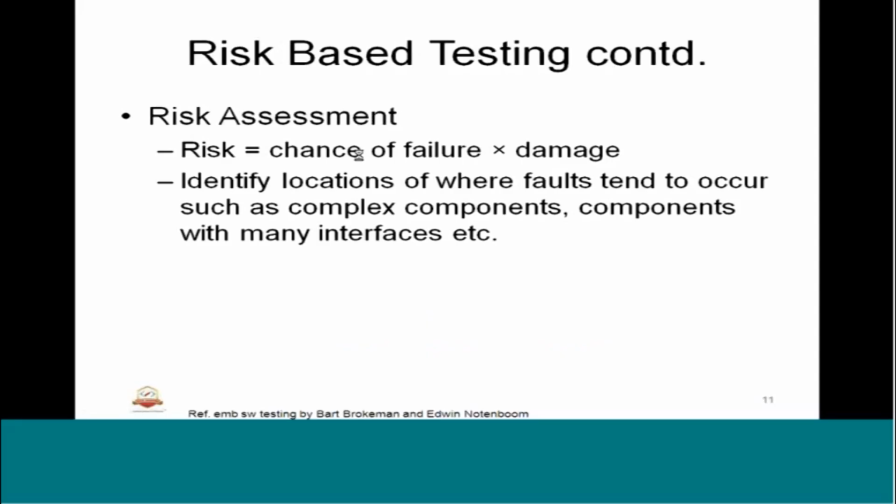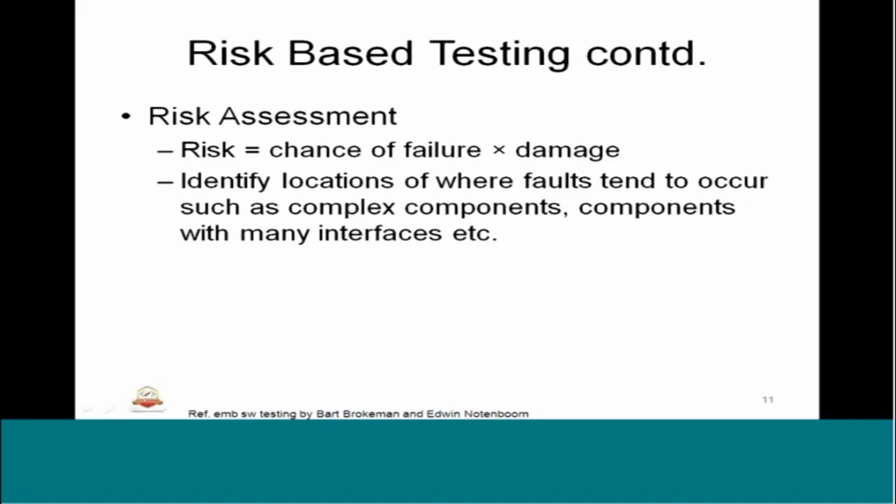Risk assessment has to be done for the identified risks. So chance of failure into the damage it's going to have is what is called a risk, and that will identify the particular test strategy for the type of risks that are identified.